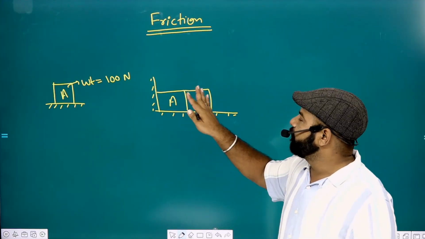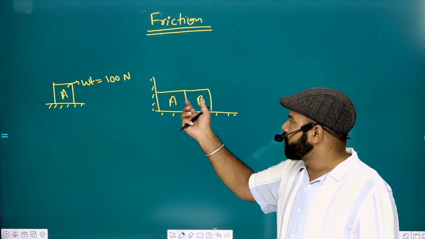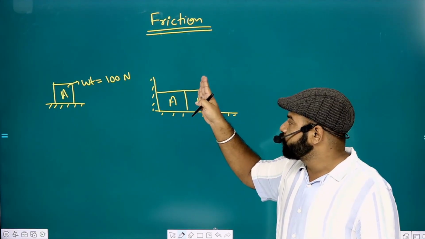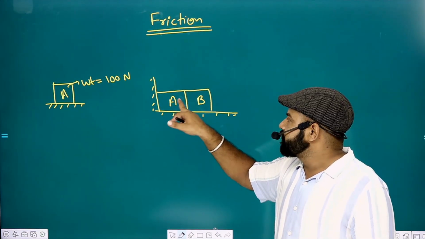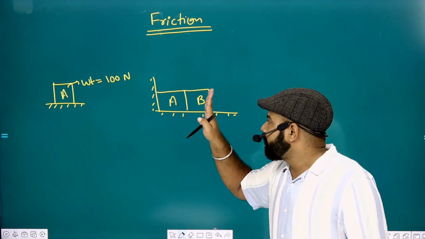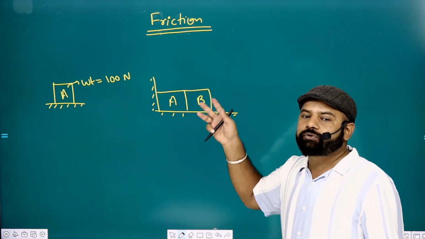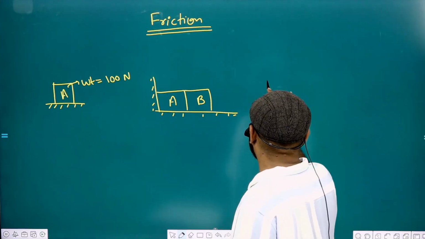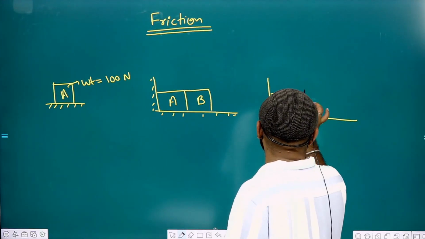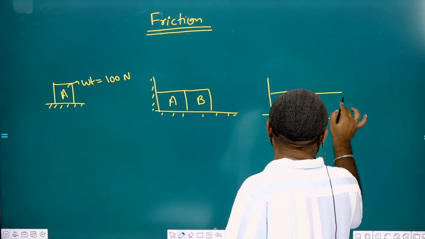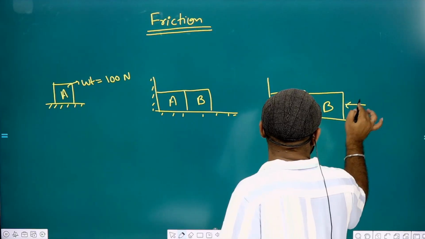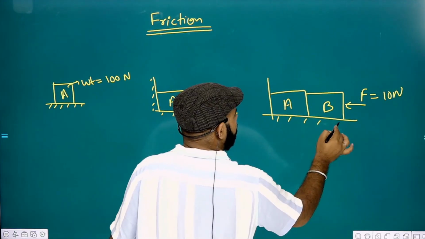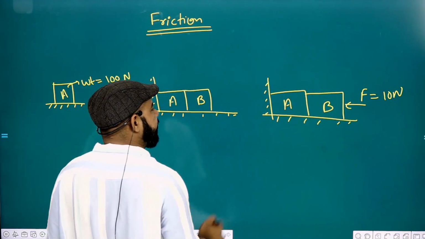Here, if we make a free body diagram of these blocks A and B, there will be no contact force which is getting transferred from the surface of A to the surface of B, so we will not consider contact between these two surfaces. But if somebody applies some force F, say 10 Newton, now in this case contact exists.